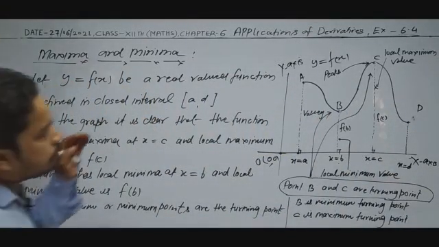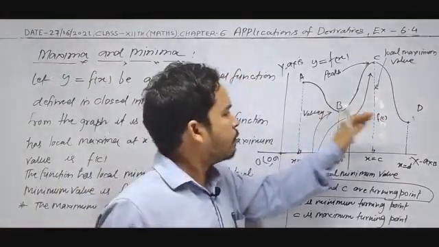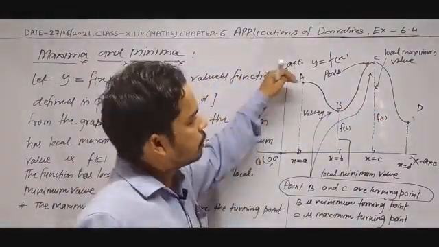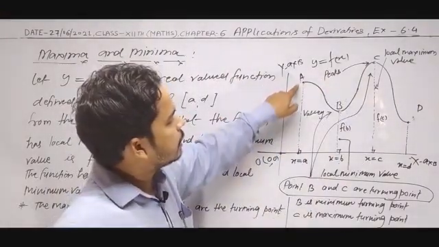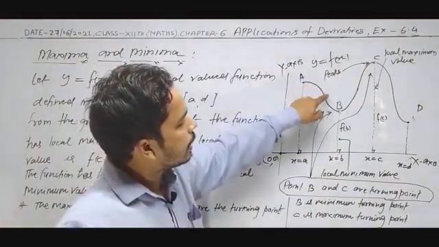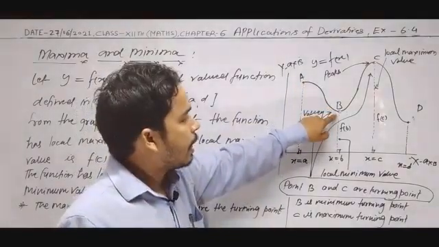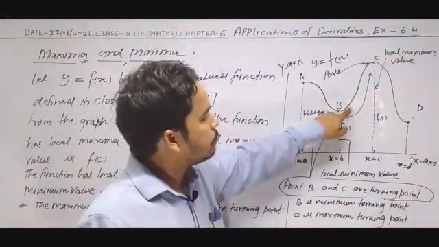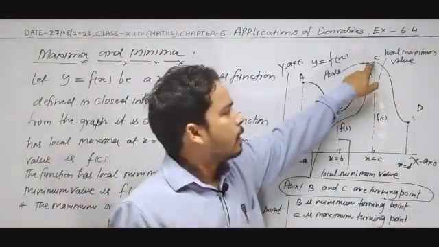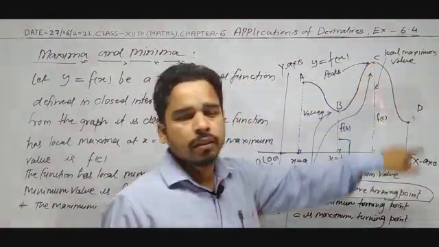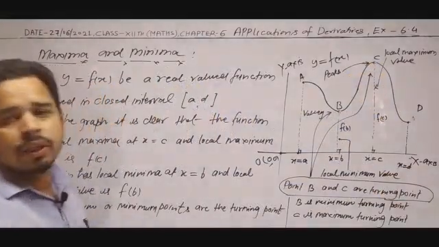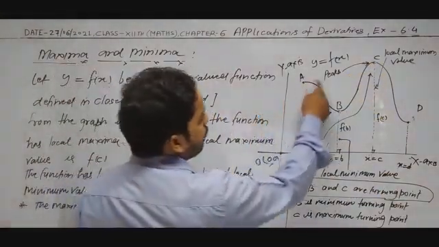And from the graph of the function y is equal to f(x) defined from A to D, it is clear that the function is decreasing from A to B, increasing from B to C, and again decreasing from C to D. So what can you say about A to B?